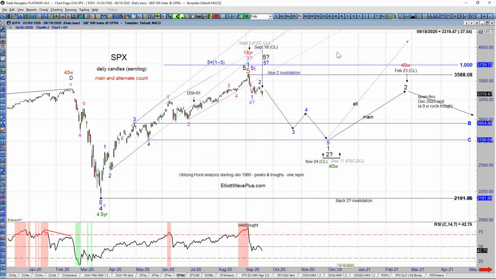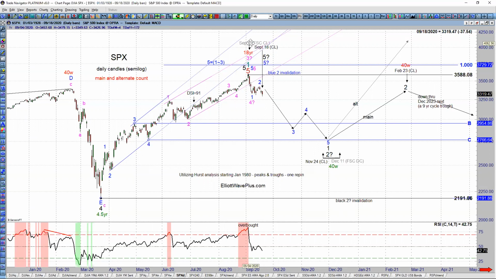It is clearly bearish now. There's no more suggestion of any more really upward movement. And it is bearish from September 18, in the case of the S&P, down through November 24.